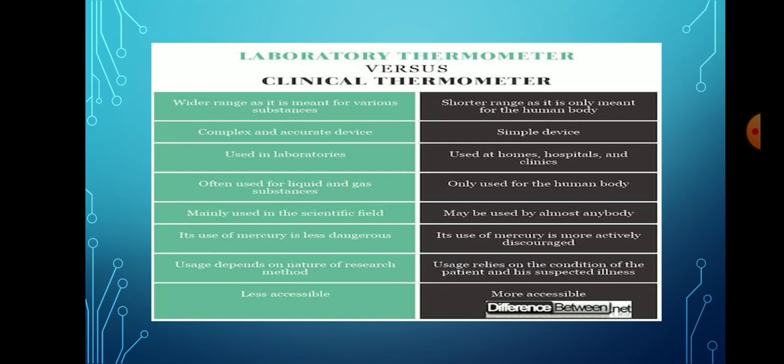Laboratory thermometers do not have any kink in the mercury column, whereas the clinical thermometer has a kink in the mercury column. Laboratory thermometers are used in the scientific fields, whereas the clinical thermometer can be used by almost anybody. These are the difference between the laboratory thermometer and a clinical thermometer.